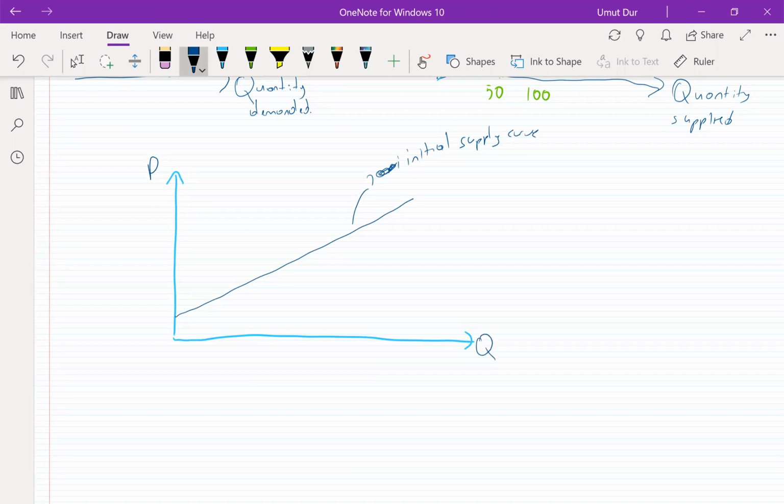Then we are interested in the effects of change in other factors, other than the price of the good.